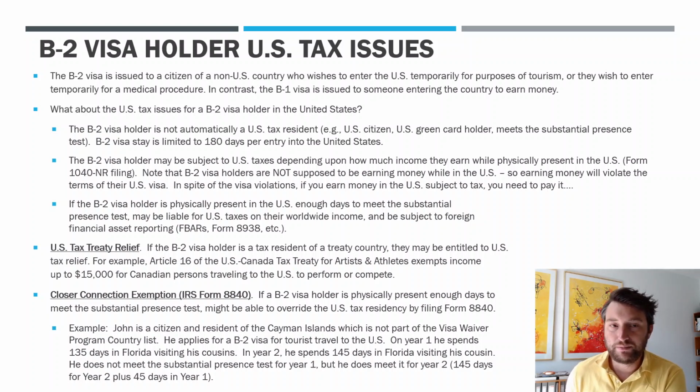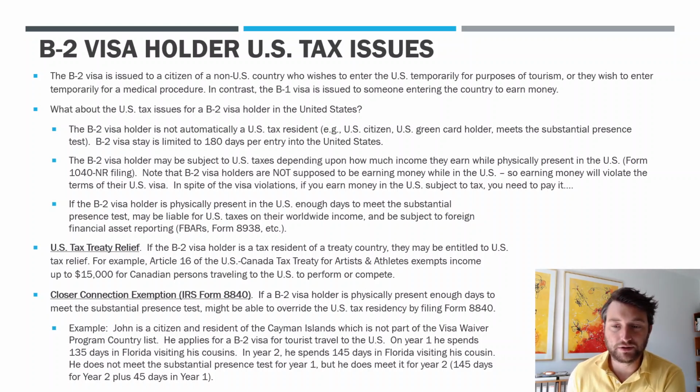Now, what about treaty relief? Well, B2 visa holders, again, this is a violation of your visa, but just as an aside here, if you're an entertainer or an athlete, let's say in Canada, and you come to the U.S. on one of those B1, B2 visas, then you can exempt 15K from your U.S. taxable income.